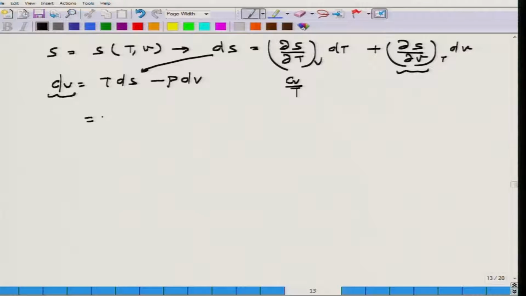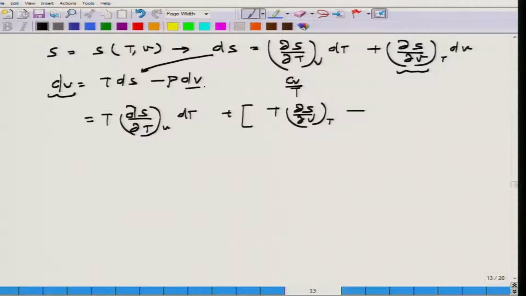So this becomes T del S by del T at constant V dT, and V is common here, so we'll use this, plus T del S by del V dV, minus P dV. Okay, so the first term I can write as CV dT.